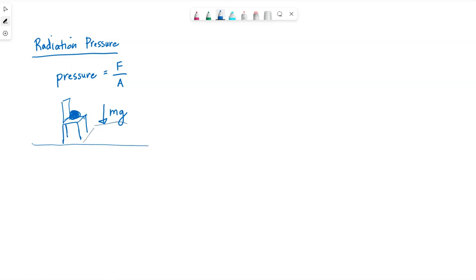So if this is our ground, that mg, that total weight, is distributed over all 4 feet. So all 4 feet pushing on the ground is where the pressure would be experienced or felt by the ground.